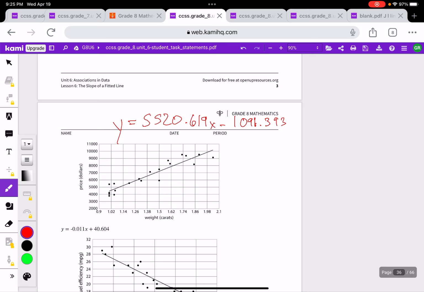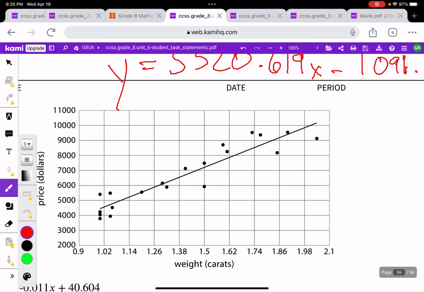But the first one, wait, this is weird. I thought we were going to have to calculate some rise over run. I thought we were going to have to pick 2 points. On the other hand, looking at this scatter plot, we couldn't be exact. We could pick this point here, and that's the only other point that's exactly on the line.